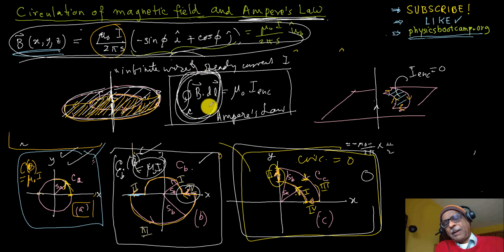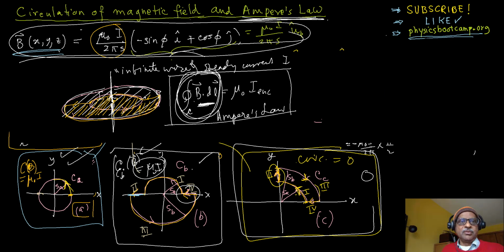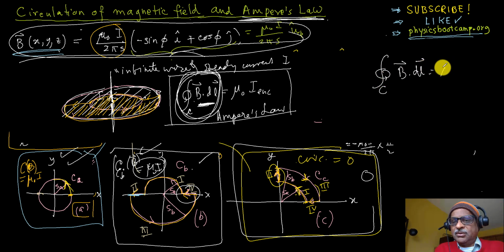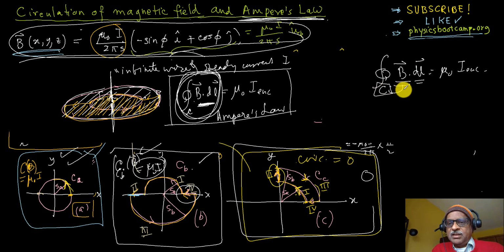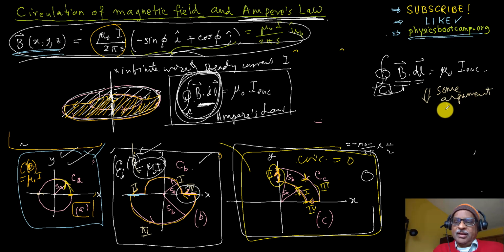In the future, by assuming certain properties of the circulation, I may be able to solve for B, the magnitude of B. So here is a use of Ampere's law that you can see coming: if I have a B dot dl equal to mu naught I enclosed, and somehow I know something about B and I know what the loop would be, then I can make an argument.